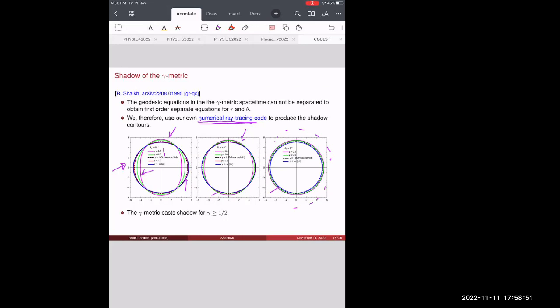And probably shadow also people have studied for this space-time. So two black holes separated by some distance, and this gravitational attraction is balanced by the electric repulsion. So the corresponding space-time is the Majumdar-Papapetrou solution. People have studied shadow for this, but the shadow will depend on the observer's inclination angle.